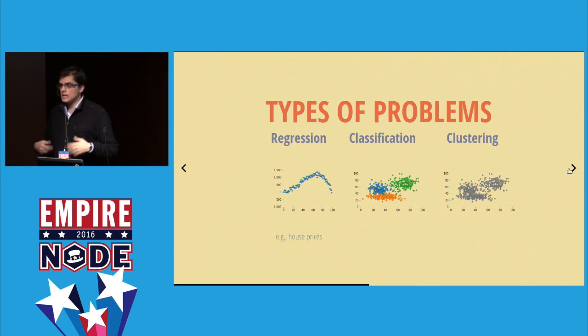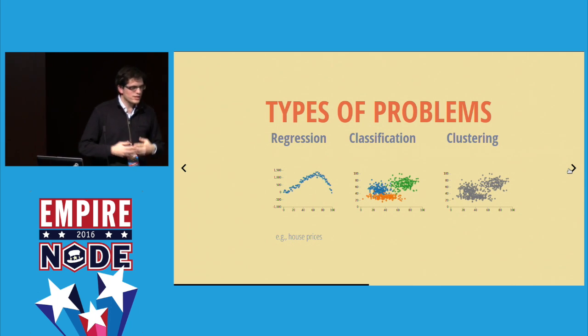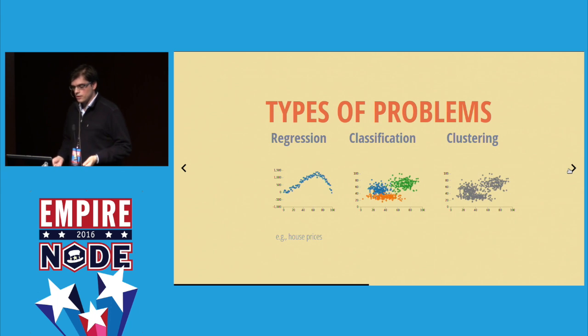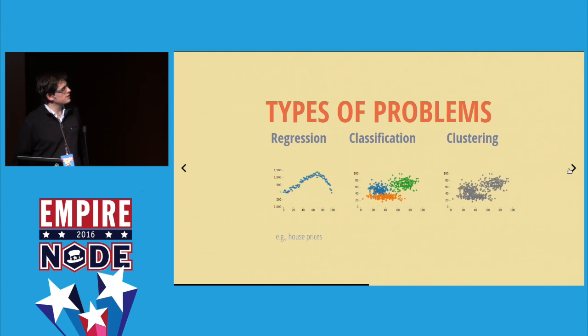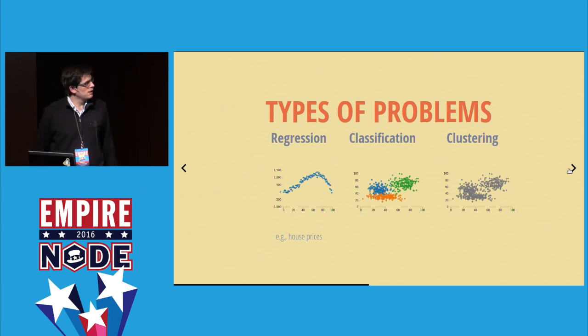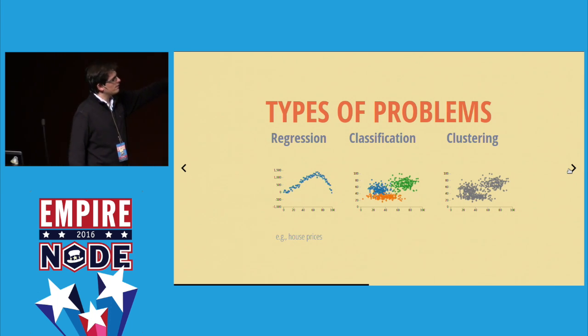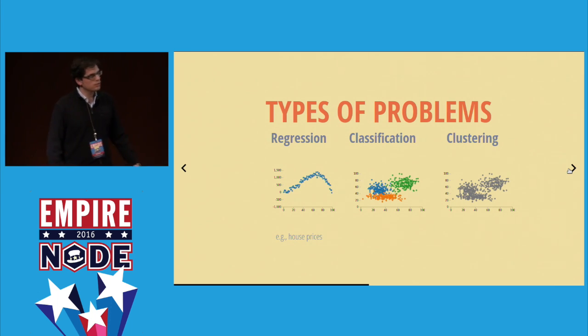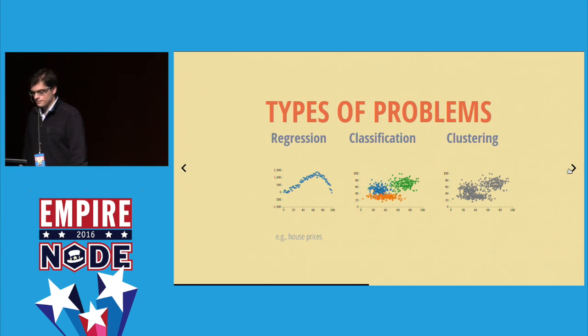The next type of problems are classification problems. There, we do have a categorical response. So we don't have a number that we want to predict, but we want to predict a group membership. So in this little plot, for example, we have three groups, the blue, the green, and the orange group of data points. And we might see that on the y-axis, if we have lower values, it seems to indicate that we end up in the orange group, right?